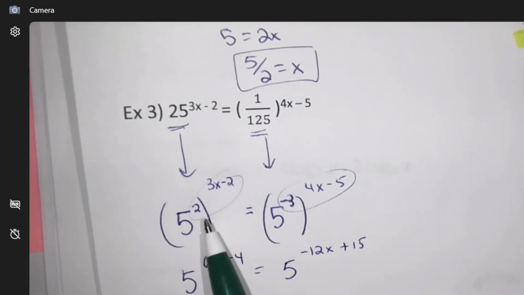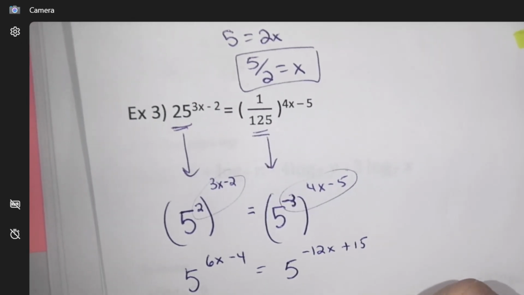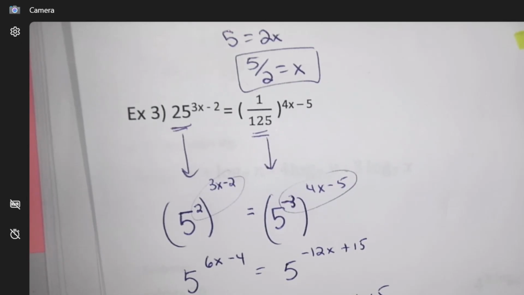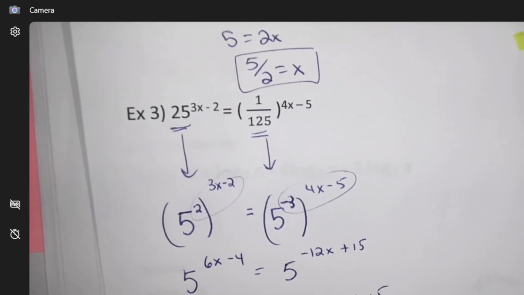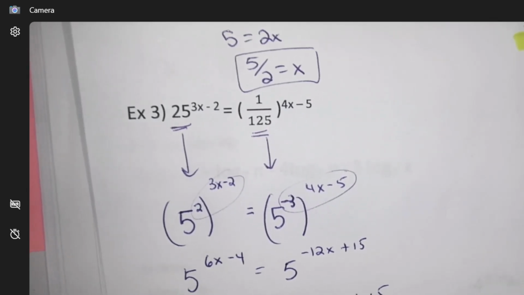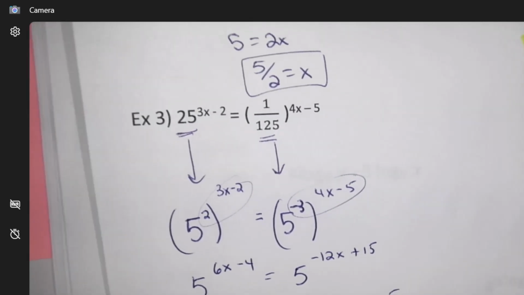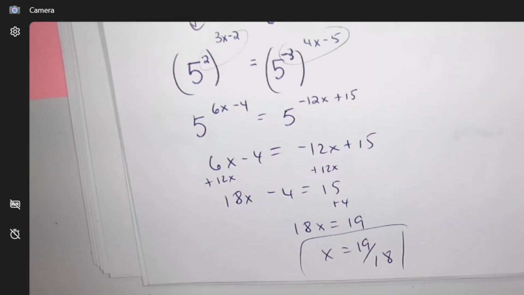Distribute the multiply to everything. And then you might notice that I leave my answers just as fractions. If you do change it to a decimal, then you have to give me 3 decimal places.